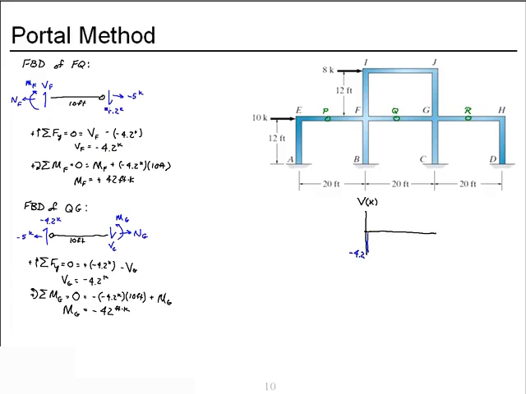At the middle, Q, it is still negative 4.2, and at the right end, it's still negative 4.2. There's no load applied in between F and G, so we'd expect the shear to be constant all the way across.